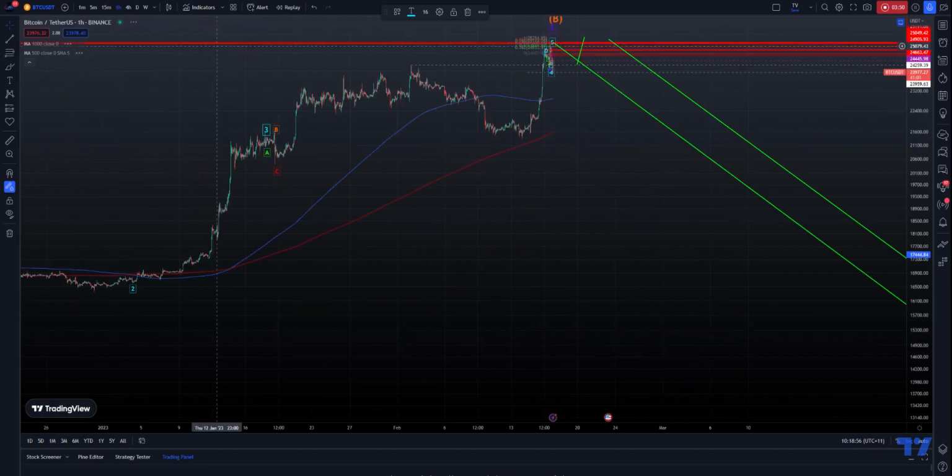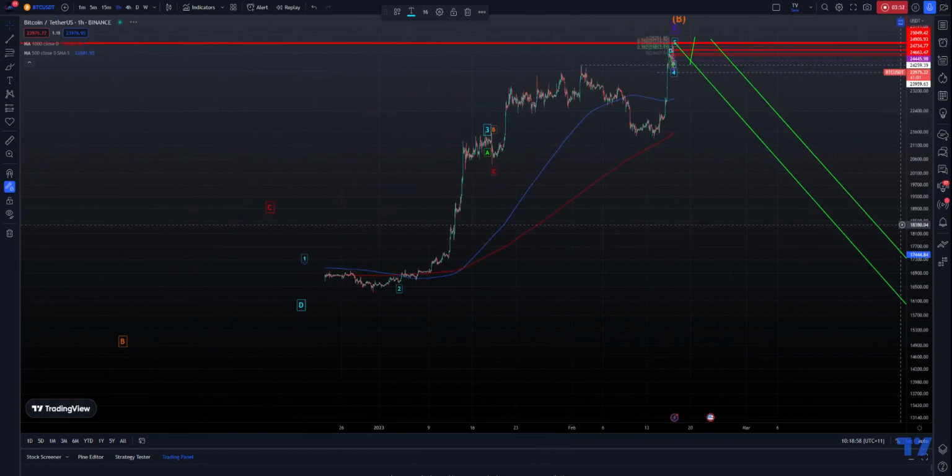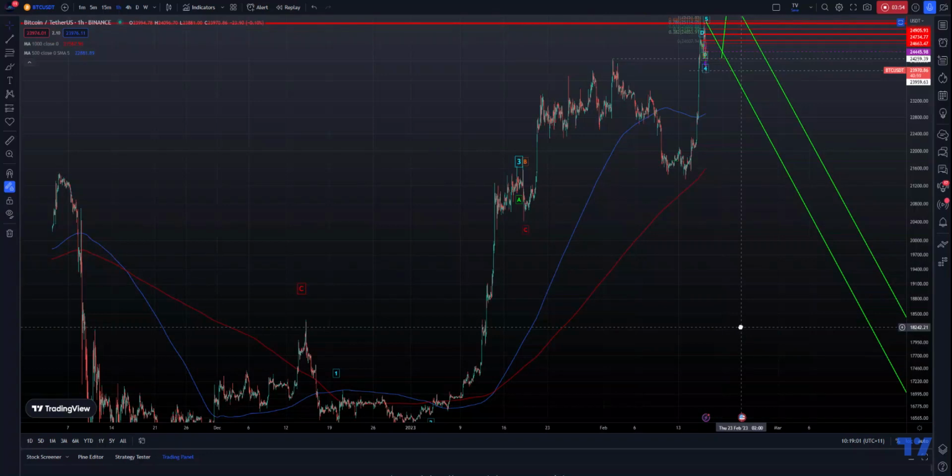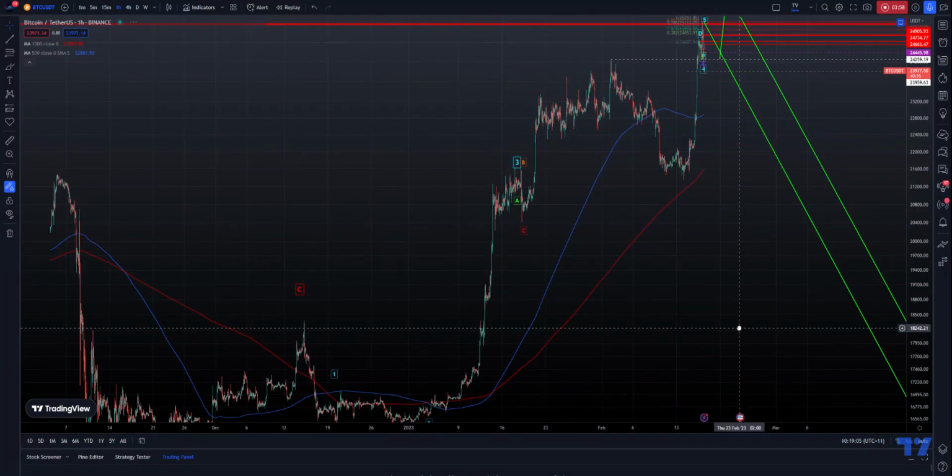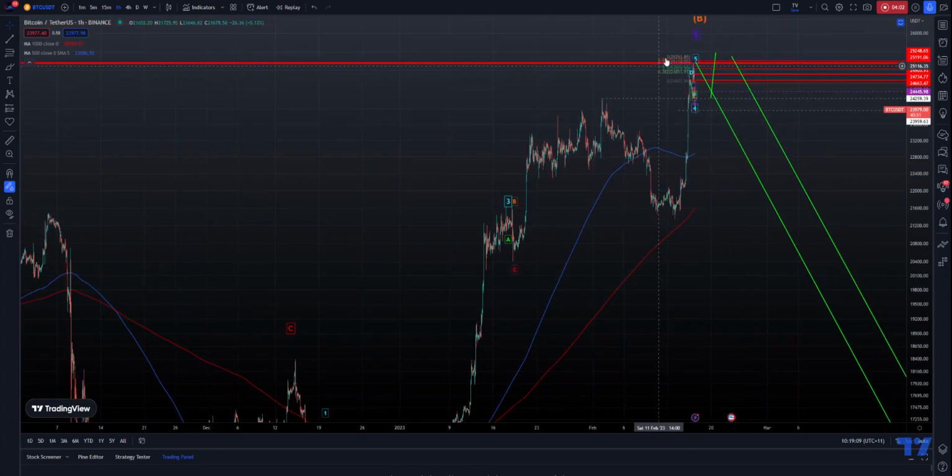Now, this is the part that really weirded me out last night because I was trying to fall asleep. I was dead tired, right? I had to get up when I heard an alert, and this stunned me because it broke the high. I was a bit stunned because I was half asleep, and it broke the high, and then I'm like, wait a minute, that ended up being a five-wave move that I was looking at the lows.